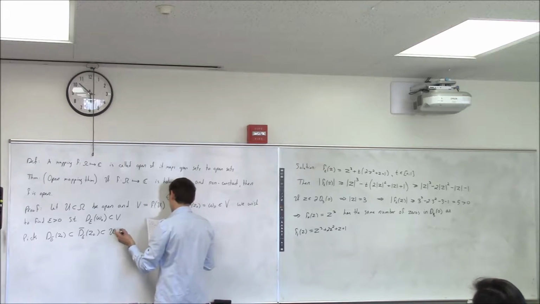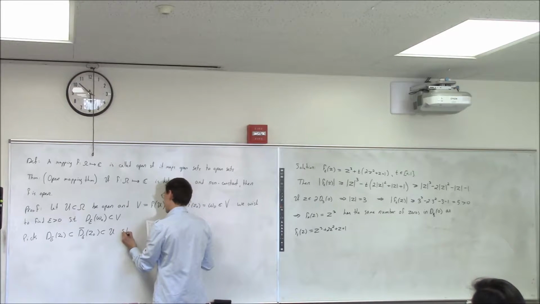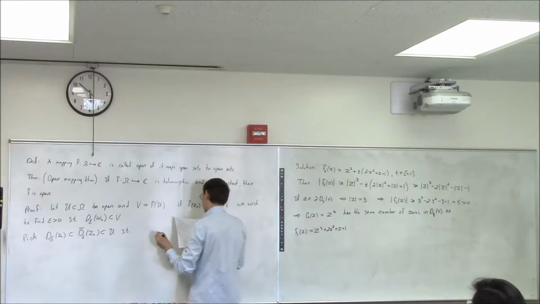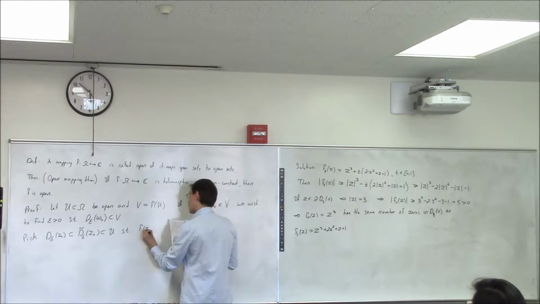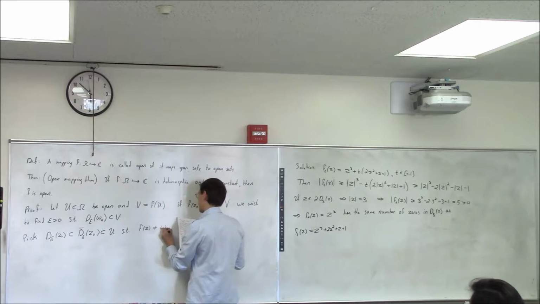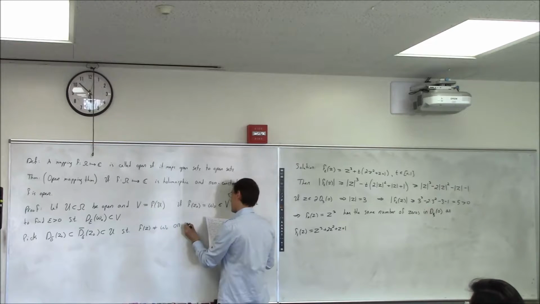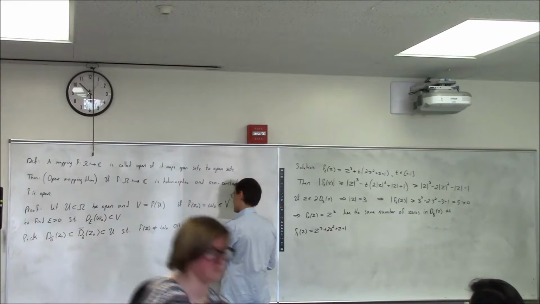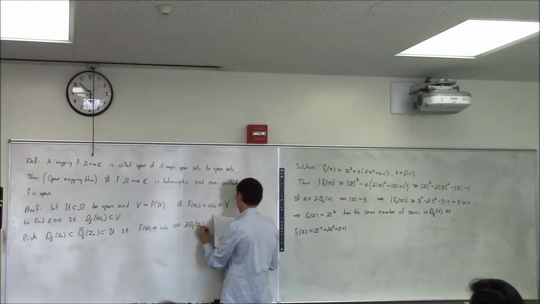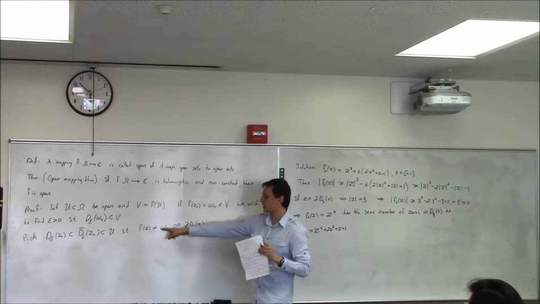And what's important about this delta is that we want f of z to not be equal to w0 on the boundary of this disk. So how can we ensure that it's possible?